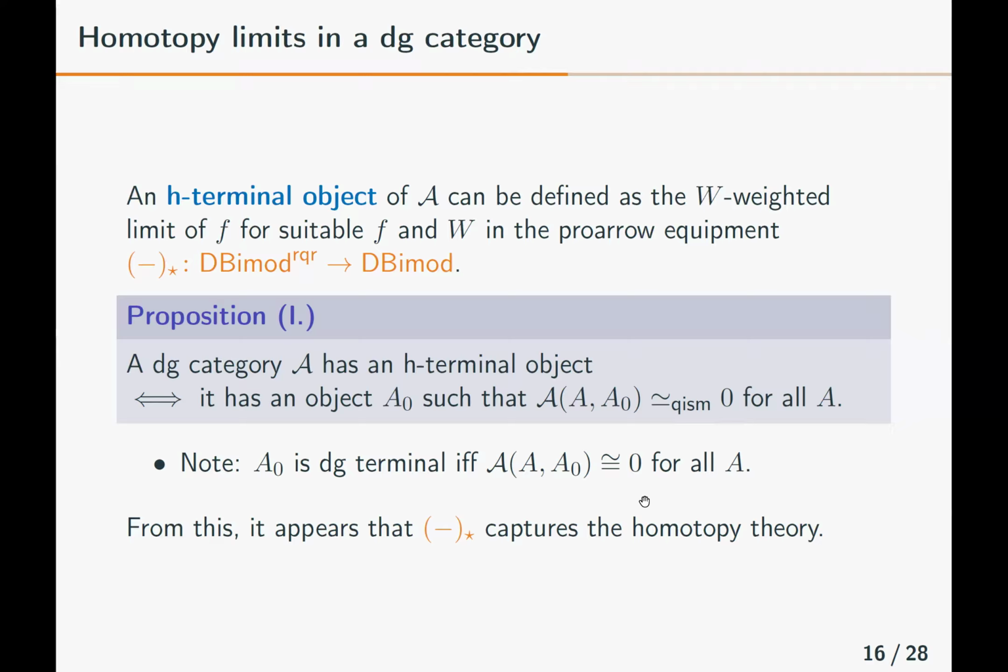For an h-terminal object, we only require this up to quasi-isomorphism. And this is what we expect from a homotopy theoretic notion. Moreover, unlike strict DG terminal objects, h-terminal objects are preserved under quasi-equivalences.